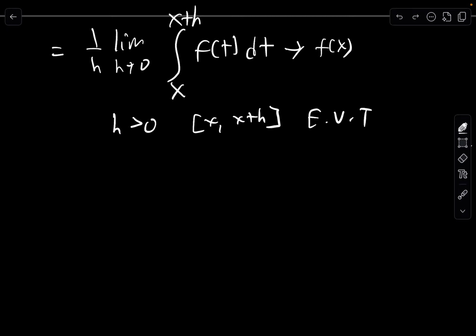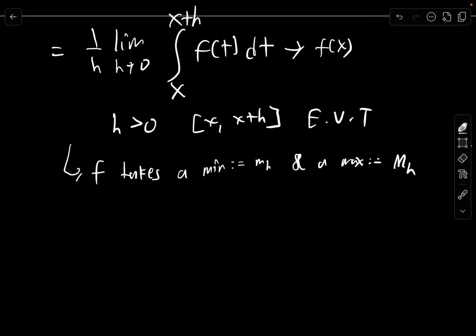So in this interval, f takes a minimum, which we're going to define as m_h, and a max, which we're going to define as capital M_h. Okay, so this is by the EVT.